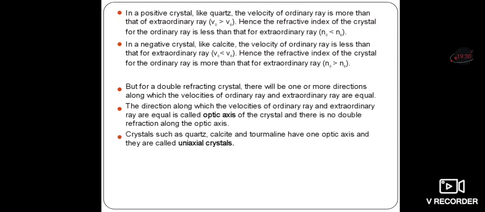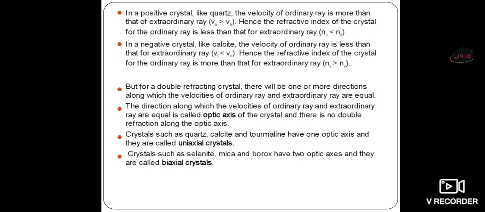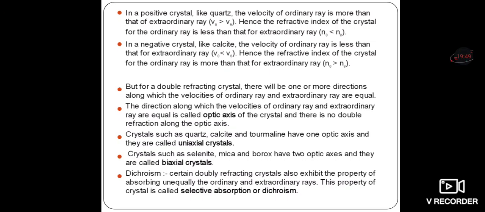Similarly, crystals such as quartz, calcite and tourmaline have one optic axis, and are called uniaxial crystals. Crystals such as selenite, mica and borax have two optic axes and are called biaxial crystals. And one more property we know is dichroism.